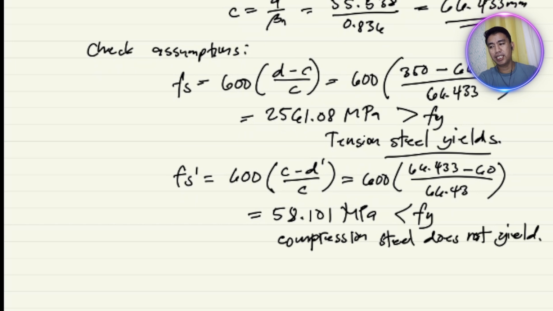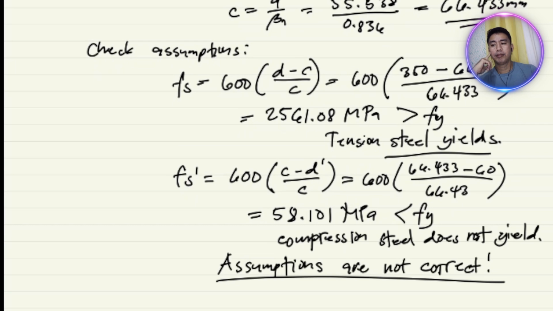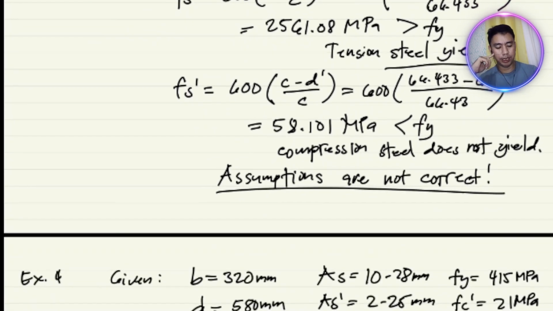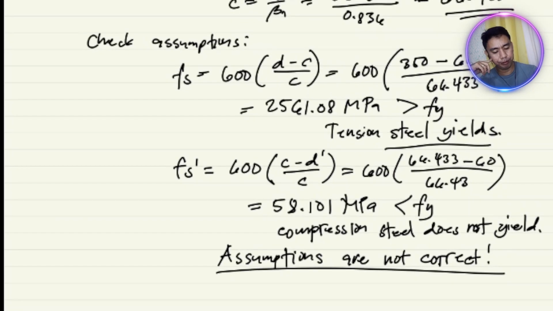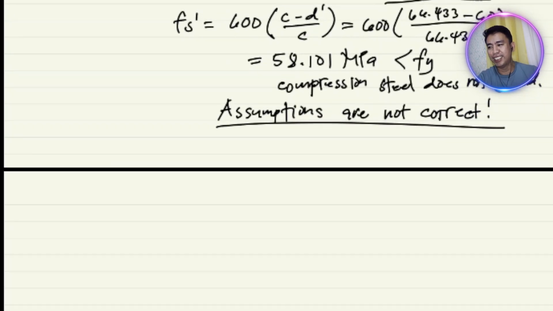So, kung does not yield, assumptions are not correct. So, kung ang assumptions are not correct, wala, pinaasa ka lang. So, assumption is not correct, then we need to assume again. Okay?